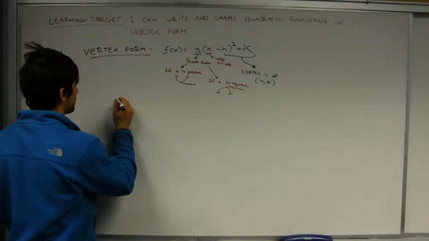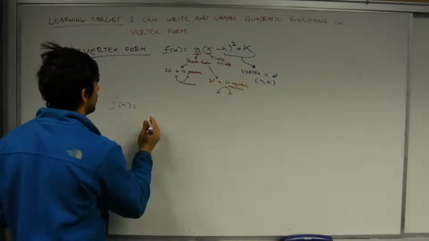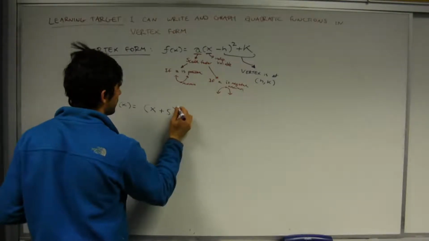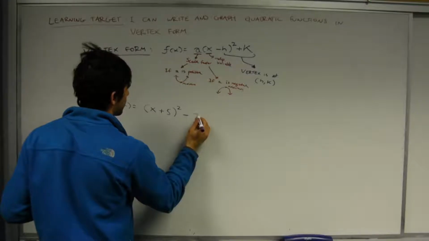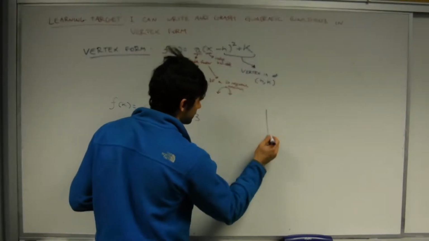If we have f of x is equal to, say, (x plus 5) squared minus 3, say we want to graph this function.